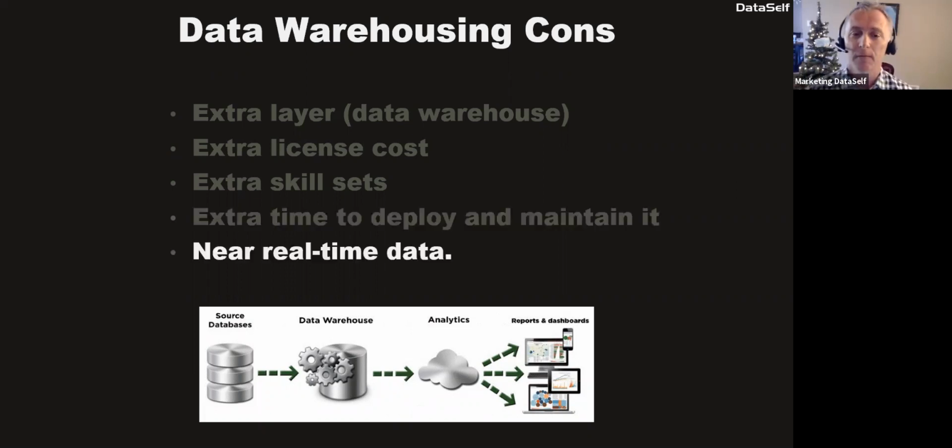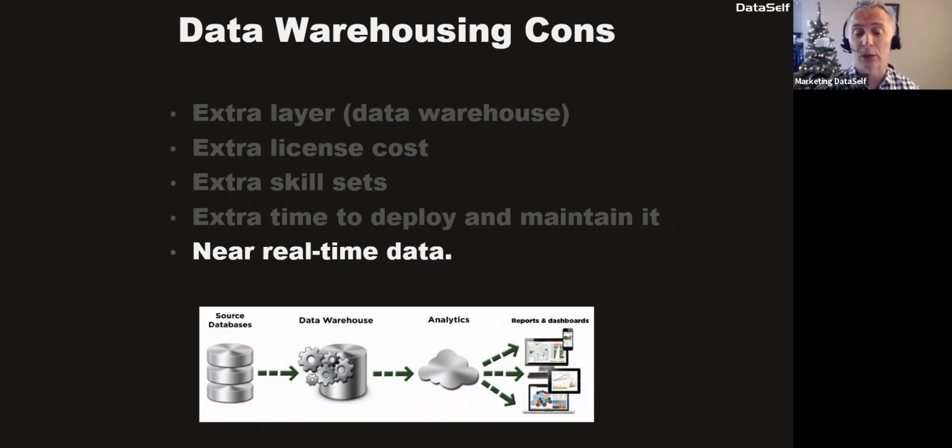There's one more, which is the near real-time data. When you put in a data warehouse, primarily, you're no longer doing real-time reporting. You pull the data from the data sources into the data warehouse, and then you hit it. So it's not live. It can be near real-time. Sometimes it can be overnight.